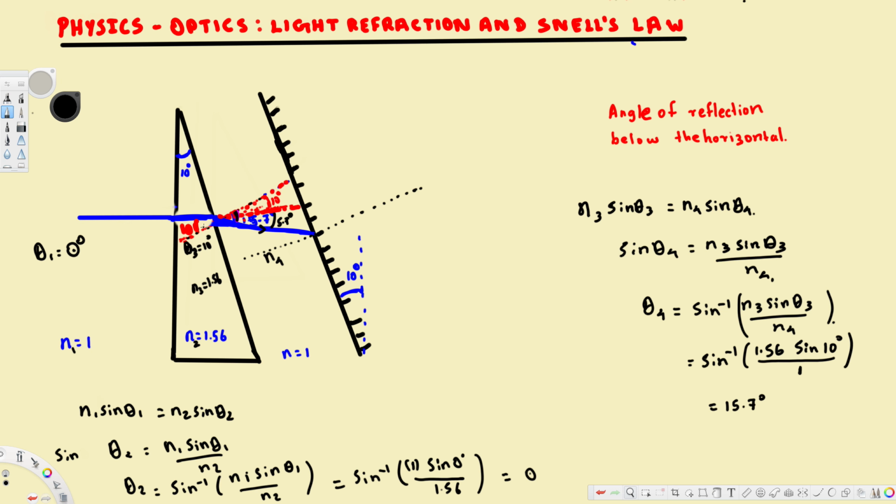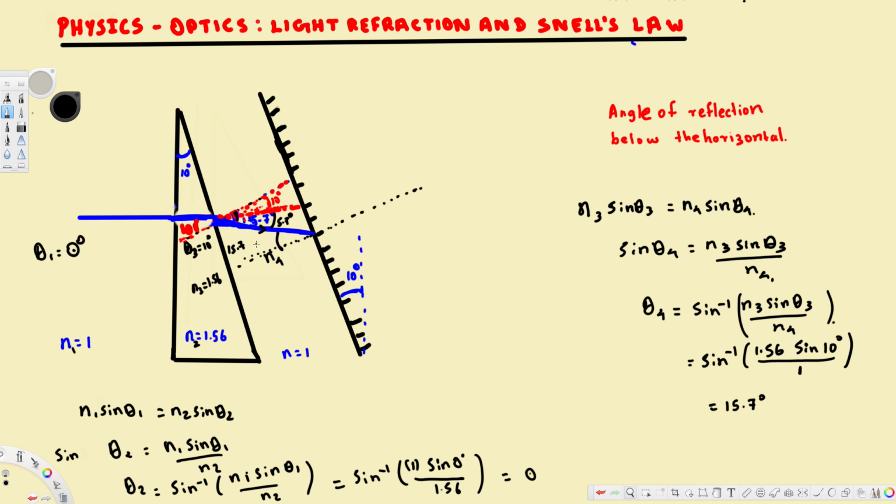And this normal and the normal with this prism are also the same, right? These two are parallel to each other, and from this one we know that this is making a Z. So from the Z pattern we know that if we have parallel lines, this angle is equal to this angle. So the total angle here is 15.7, so this one must be also 15.7.